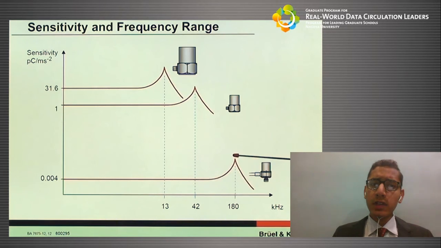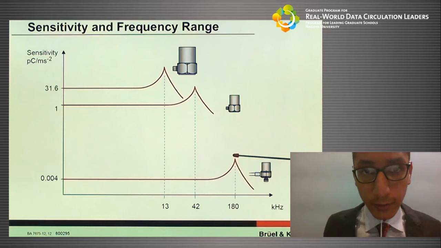Then we have sensitivity and frequency ranges. The sensitivity is given on the y-axis while the frequency is given on the x-axis in kilohertz. We see that the smaller detector has a low sensitivity, but it goes to high frequency.